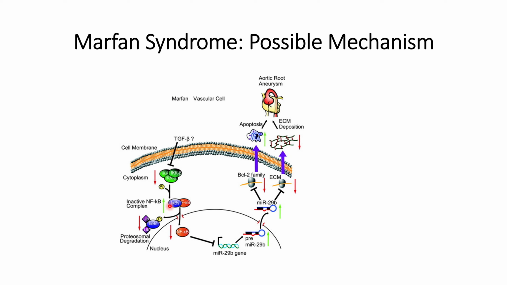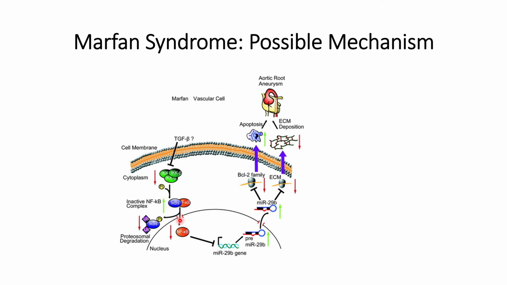Because of this, phosphorylation of inhibitory kappa beta will not be efficient as compared to the normal functioning of IKK alpha and IKK beta, because the amounts of these are reduced by the TGF beta signaling.